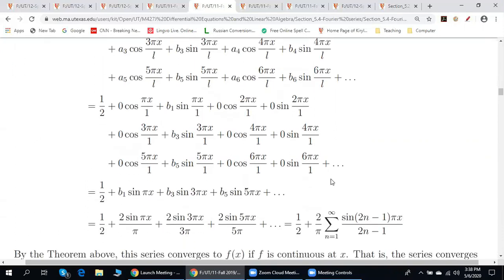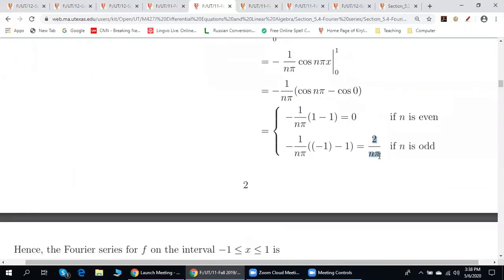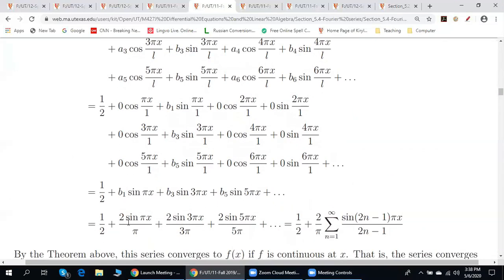We get rid of the 0 terms. We get rid of this, this, and this. Done. Lastly, we replace all odd b's by this formula. Done, done, done, and so on.